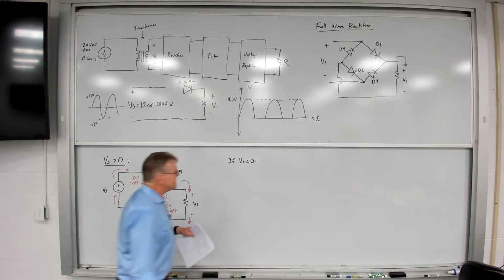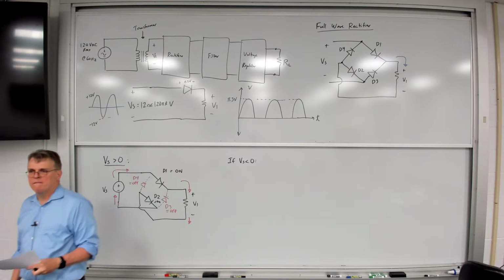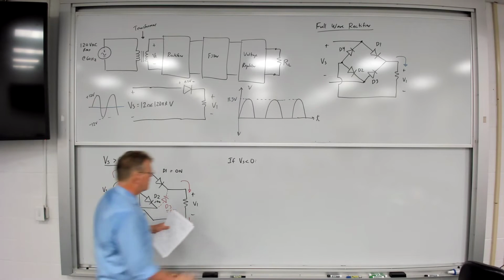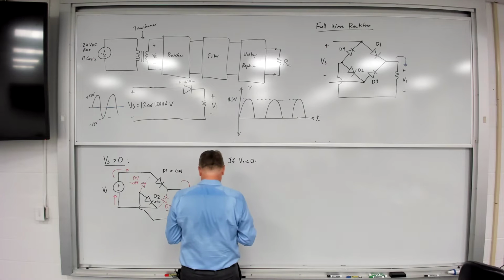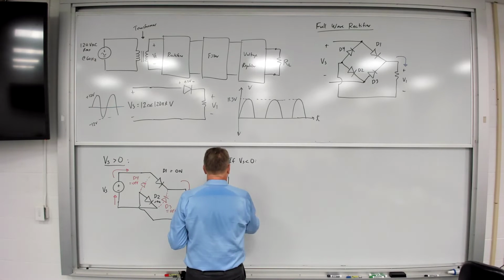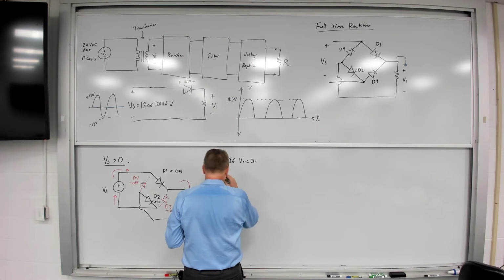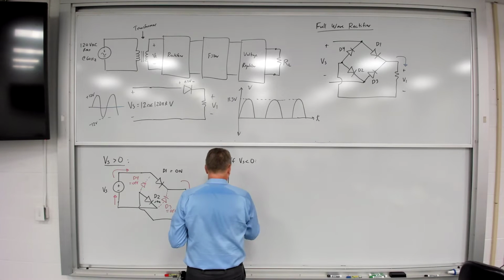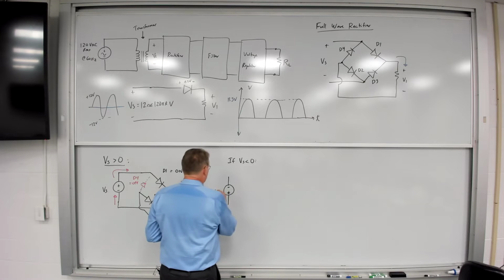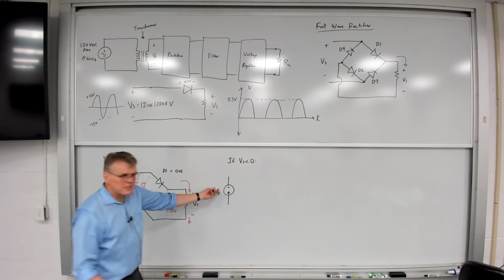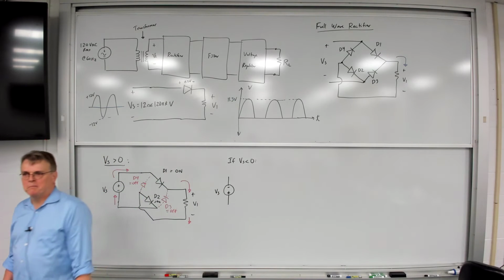What if Vs is less than 0? Once again, I'm going to go ahead and kind of draw this. So I'm going to take Vs, and since it's negative, I'm going to flip the polarity.